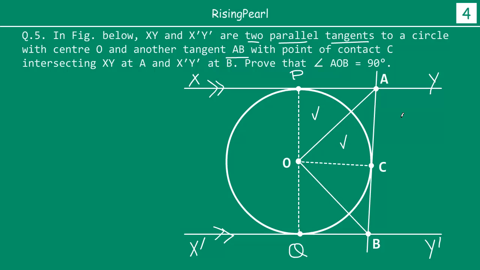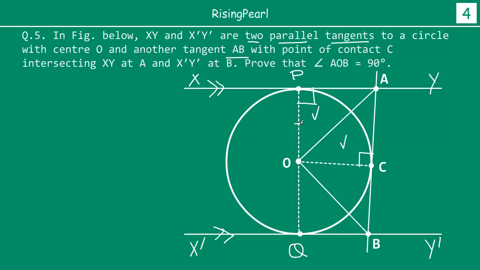This is 90 degrees, because OP is perpendicular to the tangent AP, and OC is the radius and AC is the tangent. So this angle is 90 degrees.